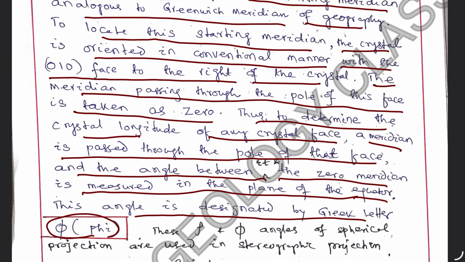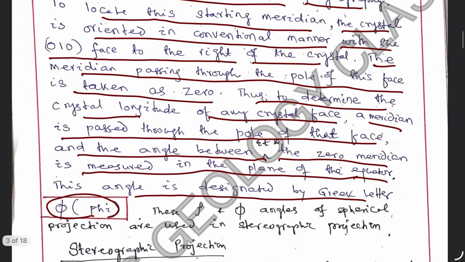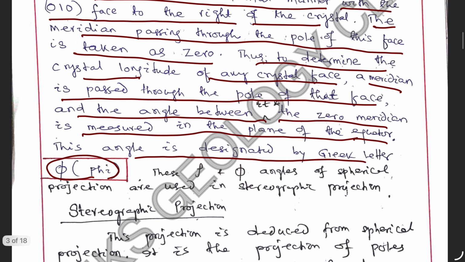So phi represents longitude, rho represents latitude, but the rho measurement is just the reverse of that of latitudes. By taking into account rho and phi, it is possible to project the crystal faces into the stereo diagram.